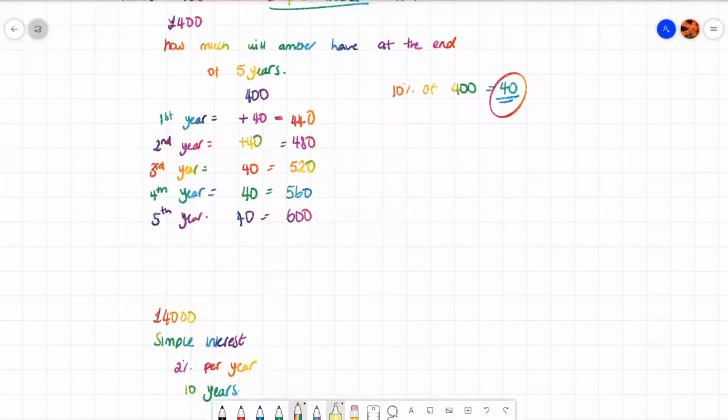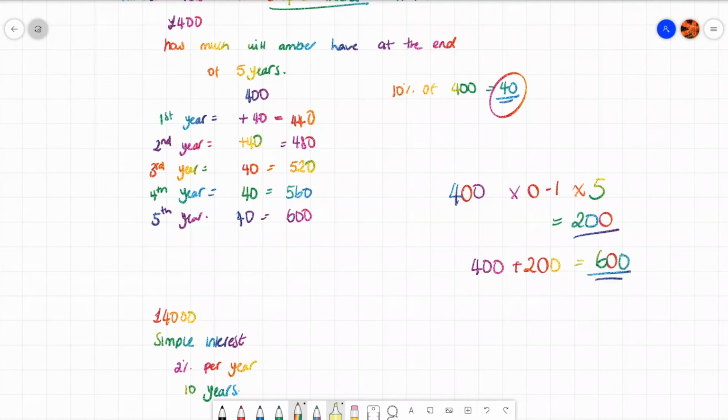If I was to do it with the previous one, I can do 400 pounds, because that's what I started off with, times by 0.1, and times that by 5, not 4, because the number of years is 5. Let's double check that in the calculator. 400 times 0.1 times 5 gave me £200. I just need to add that onto 400, which would give me £600. So that's a shortcut way, because obviously I can't be sat there doing 10 years now, can I? So this is what we're going to do.